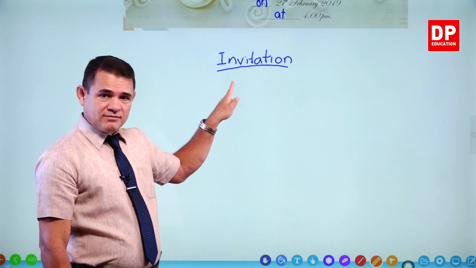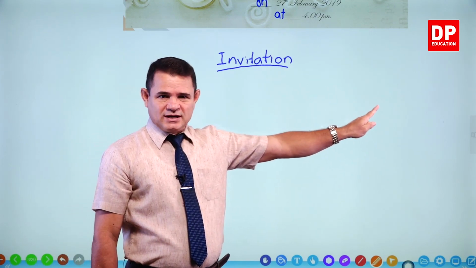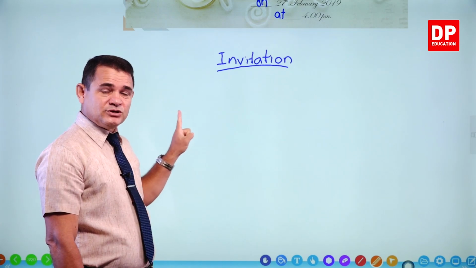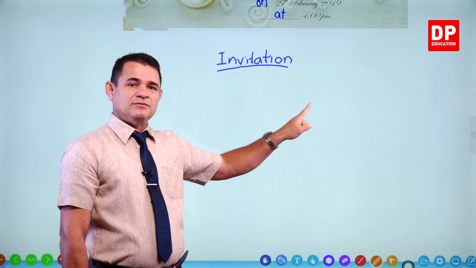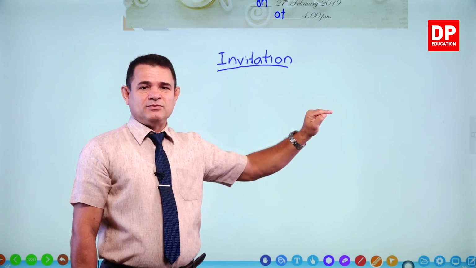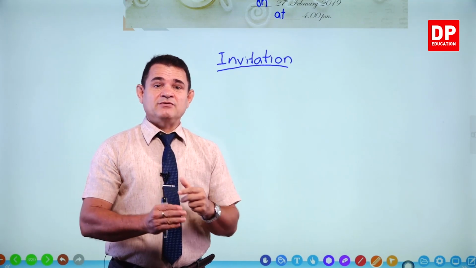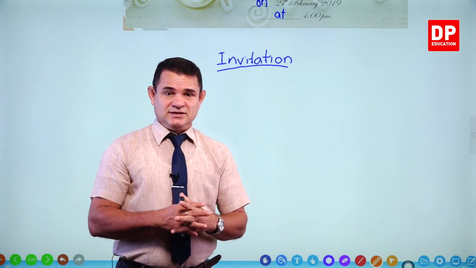The grade 12 students of, and you put the school name. Like to invite the students or the principal, and you can put the name. Or else you are organizing an English day or something and you are inviting somebody to be the chief guest or to deliver a speech.